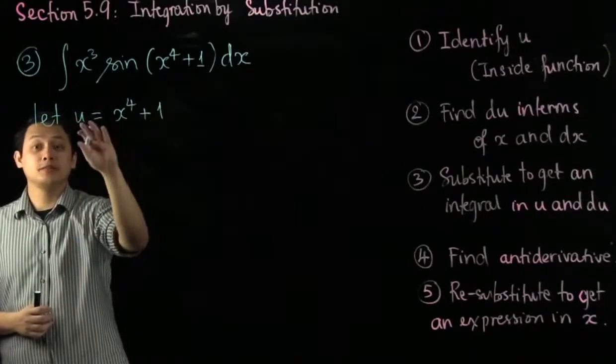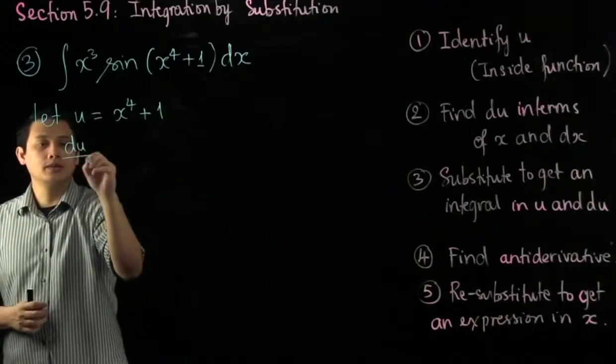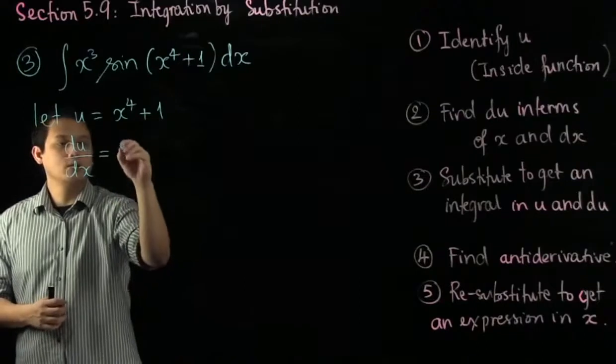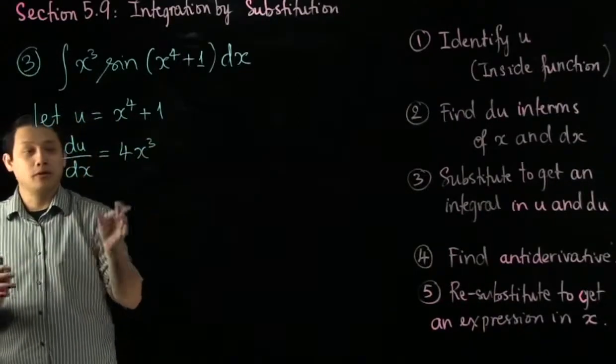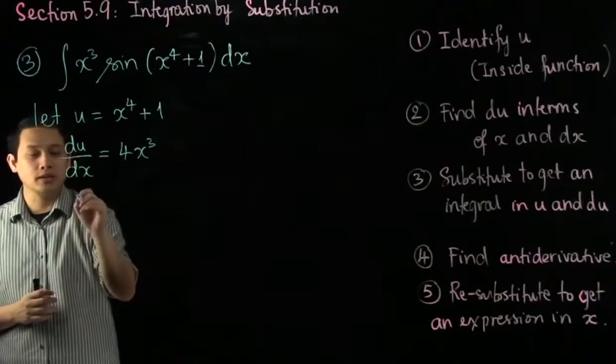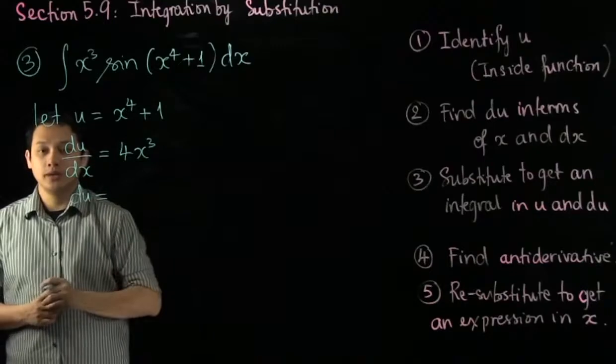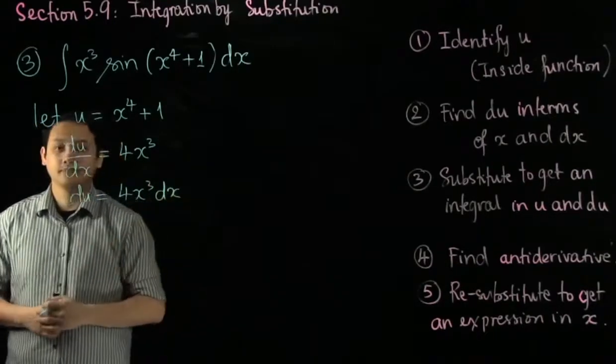Then you take the derivative of both sides of this equation. You have du dx is equal to 4 times x cubed. And as I mentioned before, you multiply dx across on both sides of this equation, and you have du equal to 4x cubed dx.